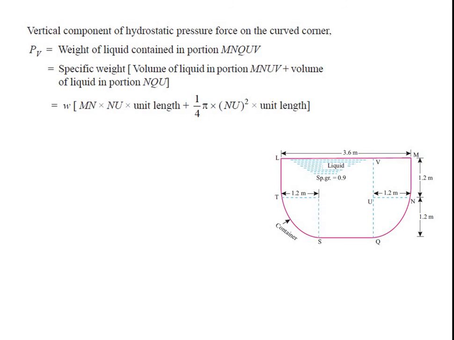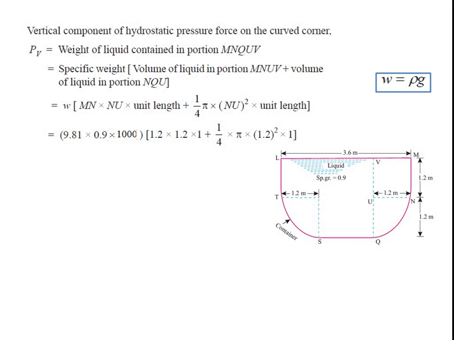So it is W into volume of MNUV, which is width into depth. It is a square actually, so 1.2 square into unit length 1, plus 1 by 4 pi into NU square, that is R square, into unit length.